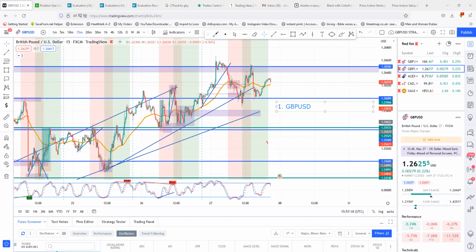Weekly analysis, that's weekly, like this one. And then number two, we'll do Monday analysis to determine the market direction for the week.